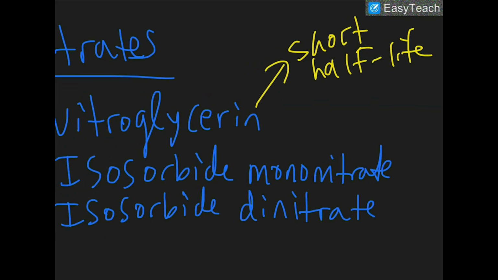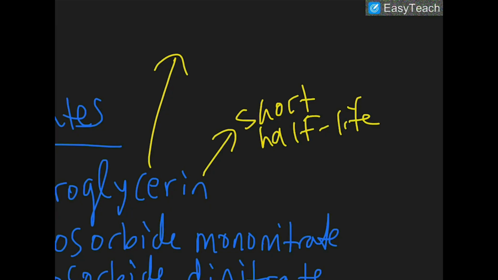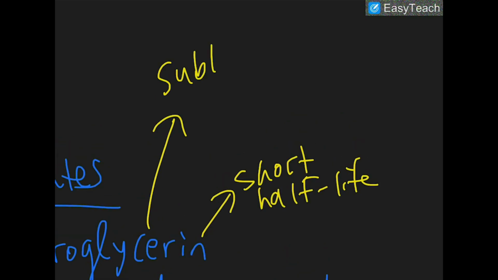What happens is it gets rapidly metabolized by the liver, which is why the route of administration is most commonly sublingual, or IV. You don't take it orally and swallow it, because if you swallow it, it's going to get destroyed by your liver before it makes it out to your systemic circulation.